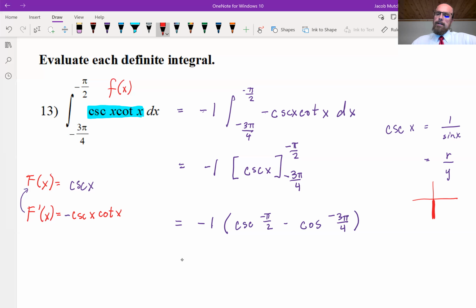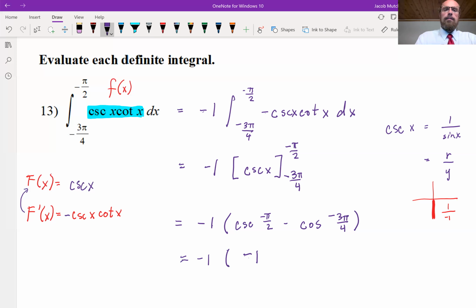And so when I think about the y component there and the radius, they're actually the same number. It's just this is going to be a y component of -1, since it's in the downward direction, underneath the radius of 1. So as we evaluate, that's going to give us -1 times -1.